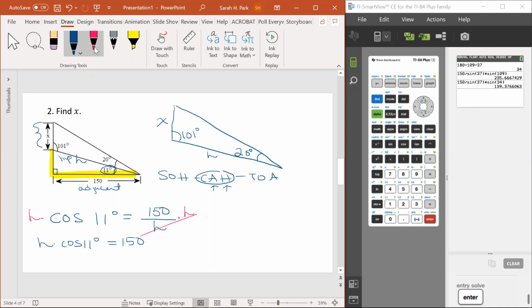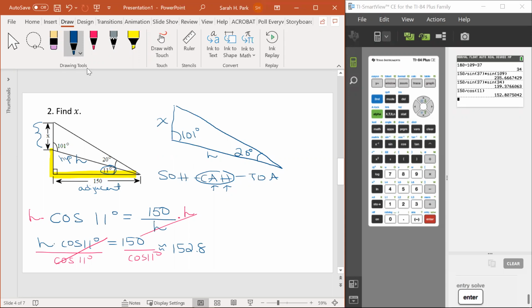Now divide both sides by cosine of 11 degrees, and that'll give us H. We need our calculator: 150 divided by cosine of 11 degrees gives us the hypotenuse, 152.8. Let's just keep it at 152.8.